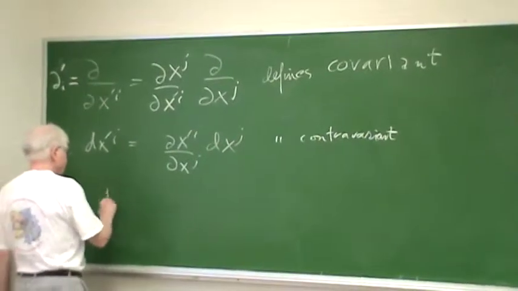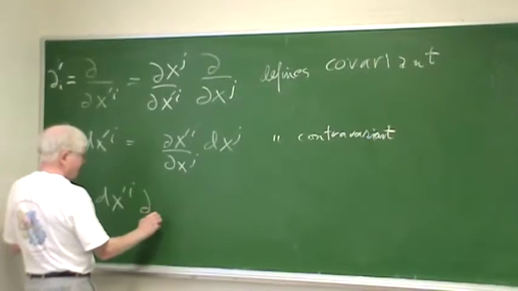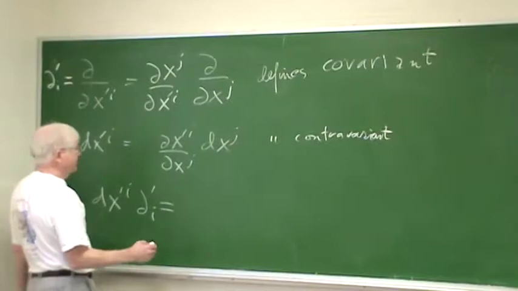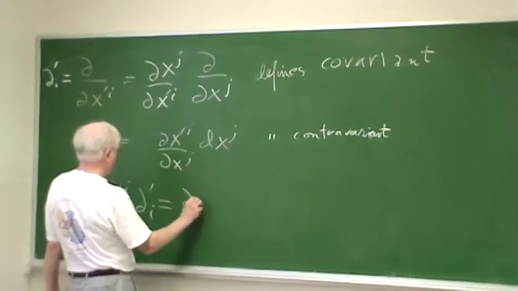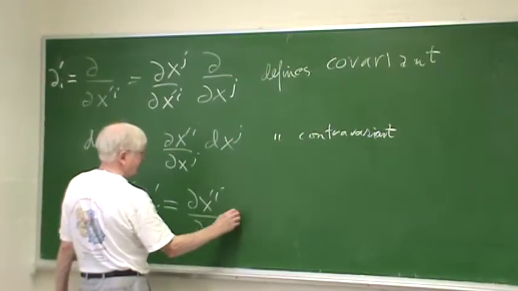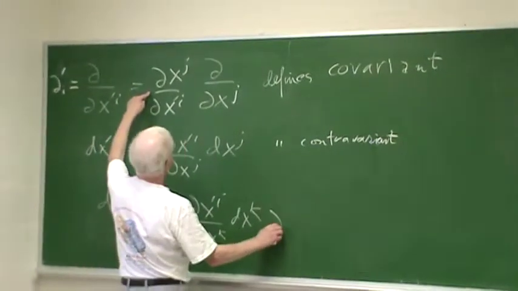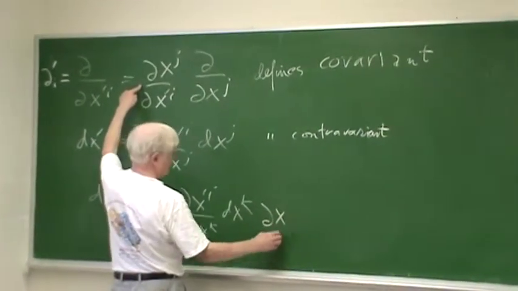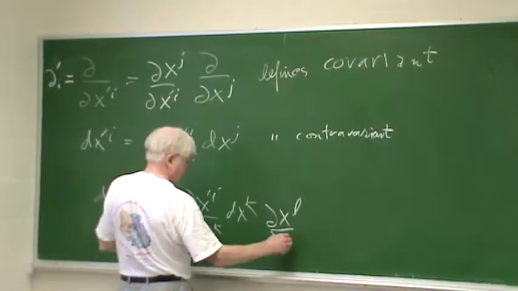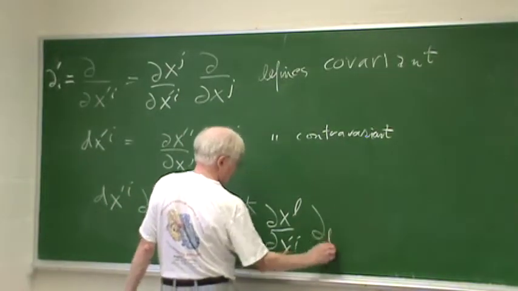Then what's clear is that d prime, the differentials times the derivatives, are invariant because the differentials go as partial x prime i, partial x, let us say k, dxk, and then this one is partial x, let us say l, partial x, well I could have done j, prime i, dl.